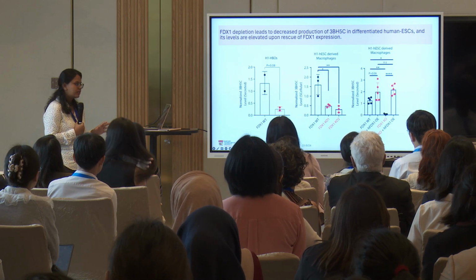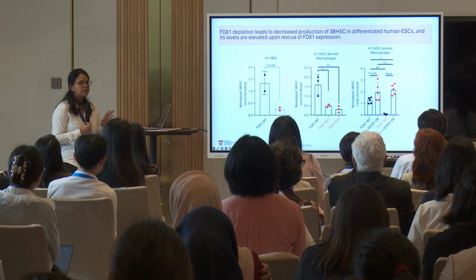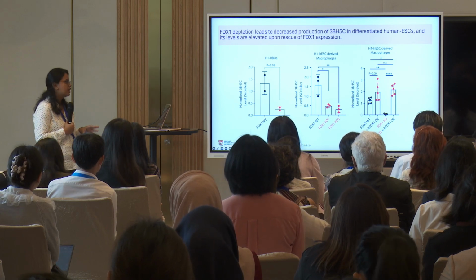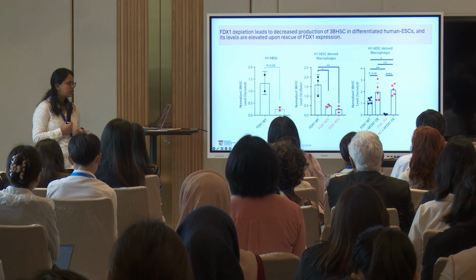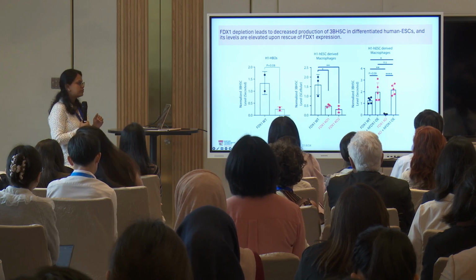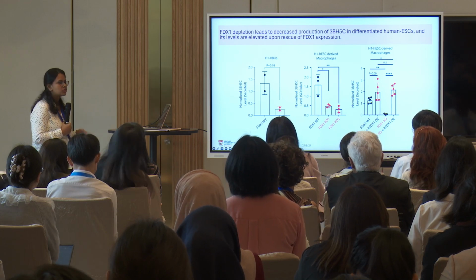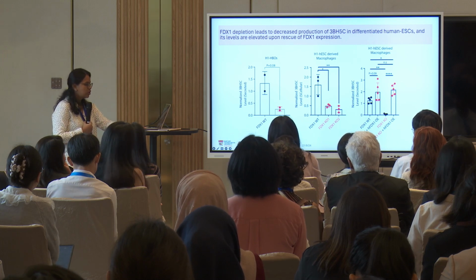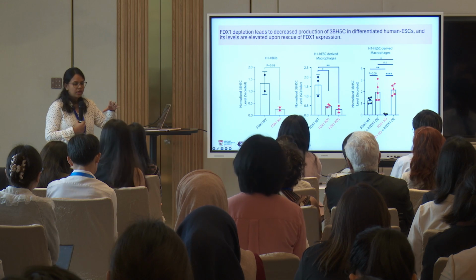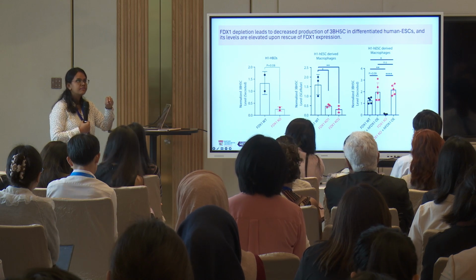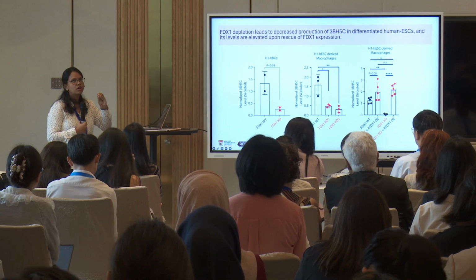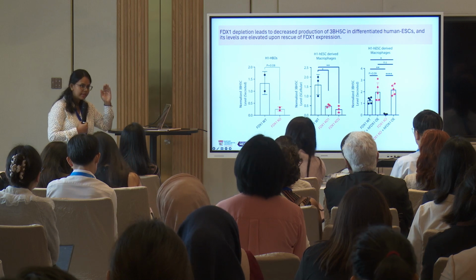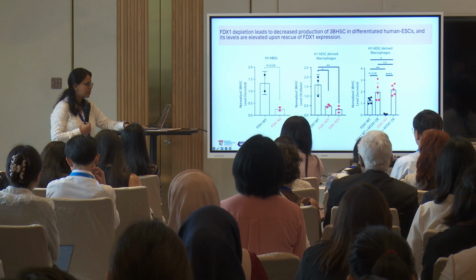We replicated these findings in the human embryonic stem cell derived cells and the hepatobiliary organoids. We also found that if FDX1 expression was rescued, it also restored 3BH5C synthesis. So these set of experiments tell us that FDX1 is critical for 3BH5C production in that acidic pathway of cholesterol metabolism.